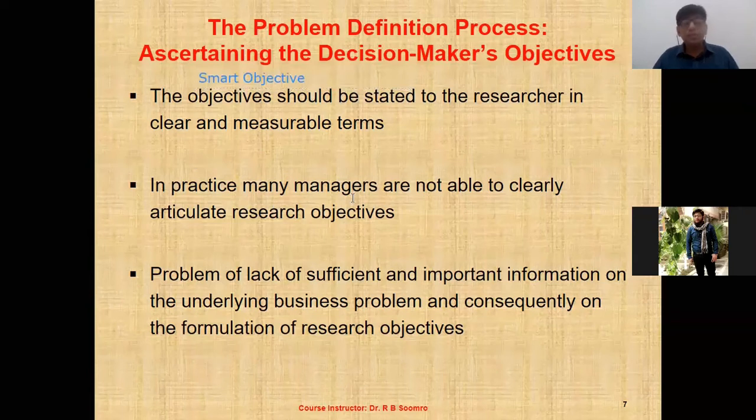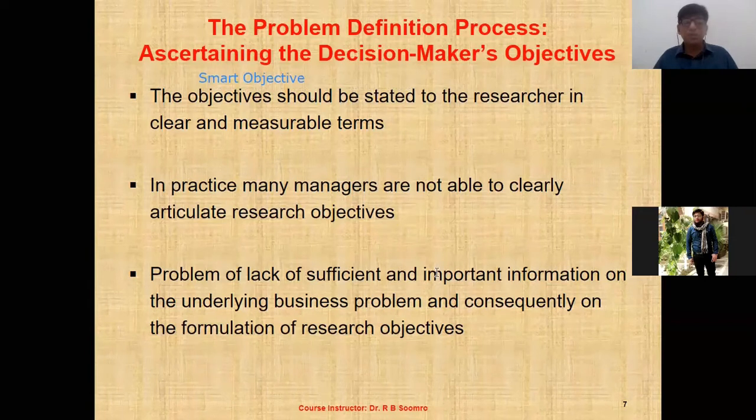In practice, many managers are not able to clearly articulate research objectives. Sometimes the managers may not have complete information, so they are unable to define or tell the objectives.